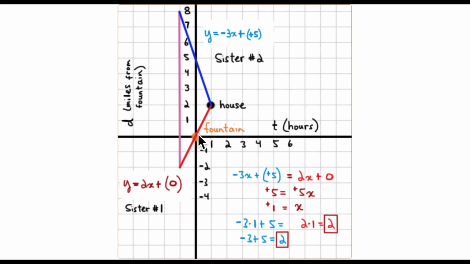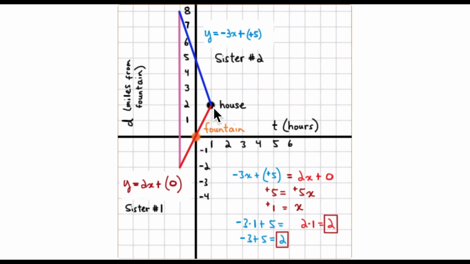The difference in the slopes is the combined rate. So that is 2 miles per hour, or 2x, minus a negative 3 miles per hour, or a negative 3x. So 2x minus a negative 3x is a positive 5x. So their combined speed is 5 miles per hour. So they're covering this 5 miles in 1 hour because they're traveling 5 miles per hour. So x is equal to 1. That is when they both reach the house, because they've closed this gap in 1 hour.